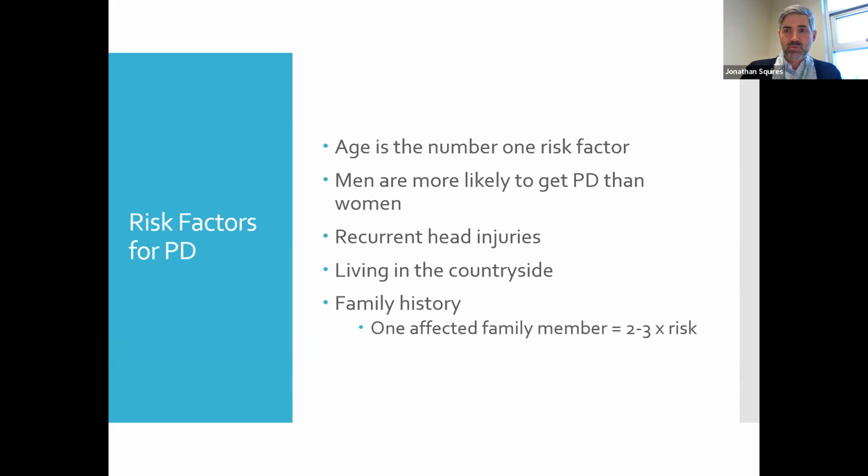So 2 to 3 times sounds scary, but when you consider that only 0.3% of people will get it in the first place, it's not that big of an increase. And that family risk either reflects some kind of risk gene that we haven't figured out yet, or potentially environmental exposures. Family members tend to live in close proximity, and they get exposed to similar environmental factors over time. So it's not entirely clear what that's all about.